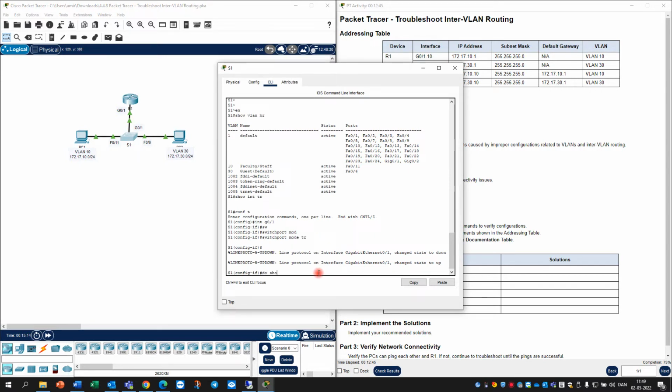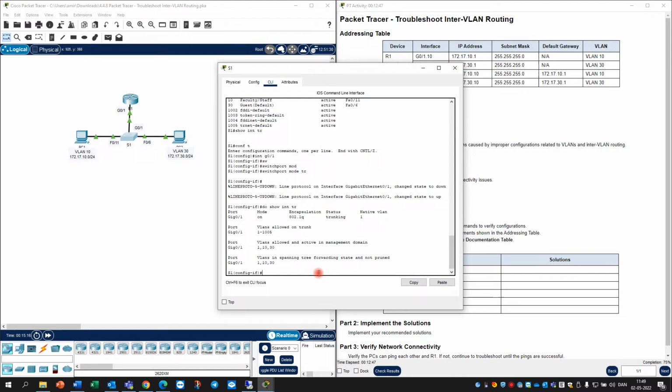If you write do show interface trunk, you can see we have trunking here; this port changed to trunking mode. The native VLAN is VLAN 1, and by default native VLAN 1 is correct here.